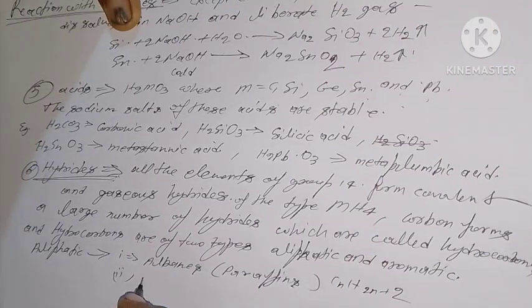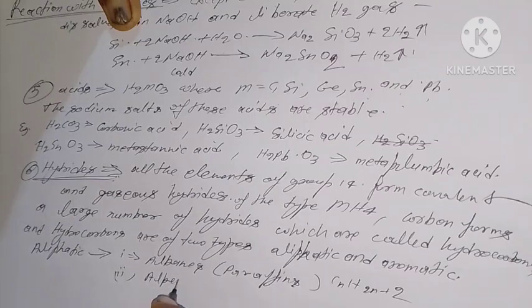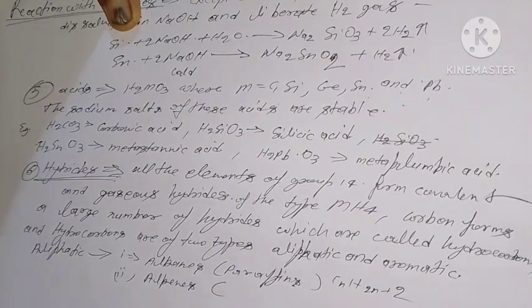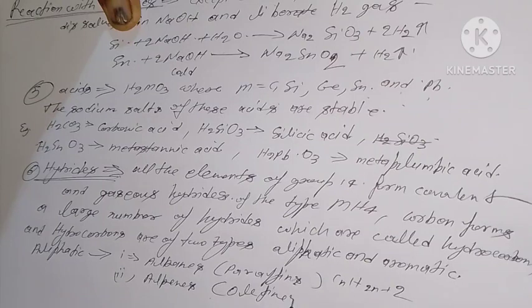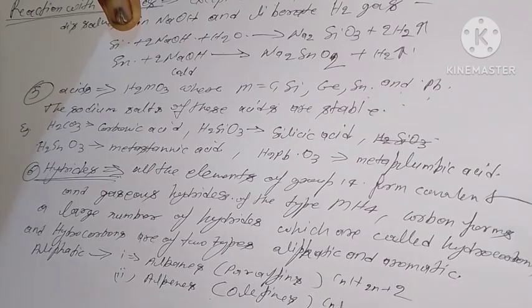Second is alkenes, that is known as olefins, and the formula is CnH2n.